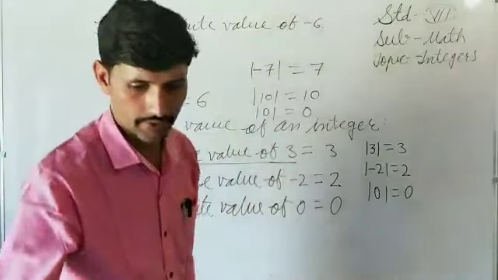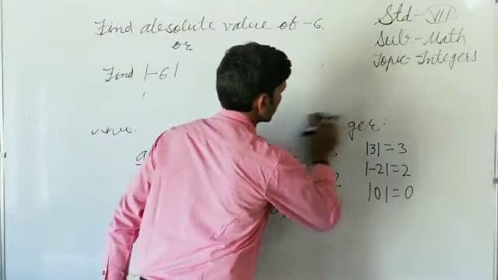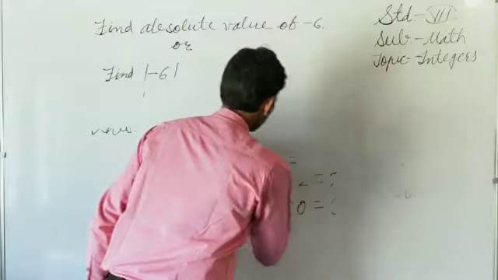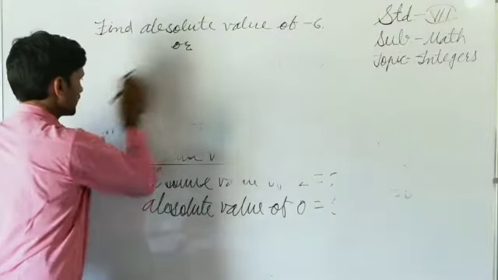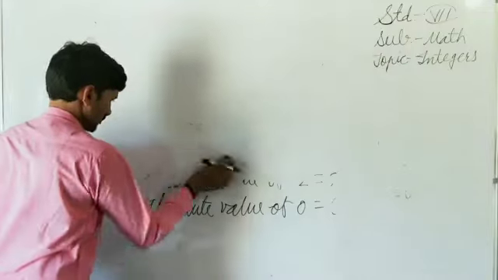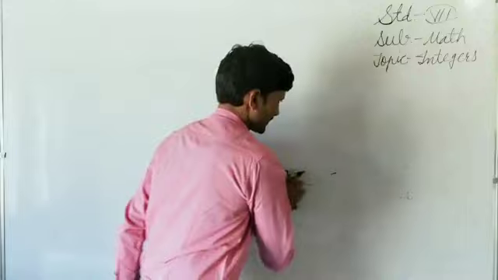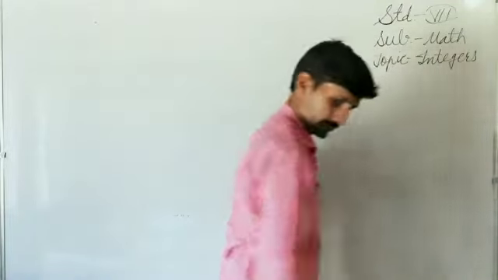Now some of the rules we have to keep in mind when adding or subtracting integers. Although we have discussed that also, you can keep them in mind in this particular standard as well.